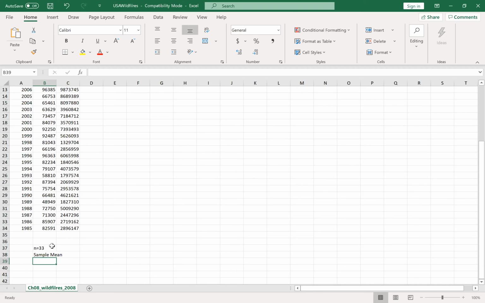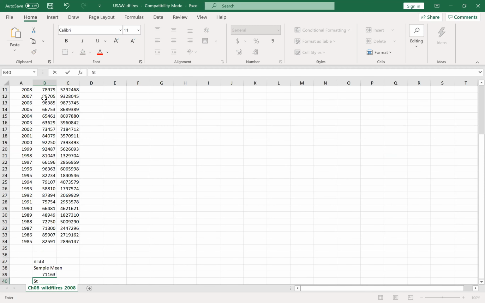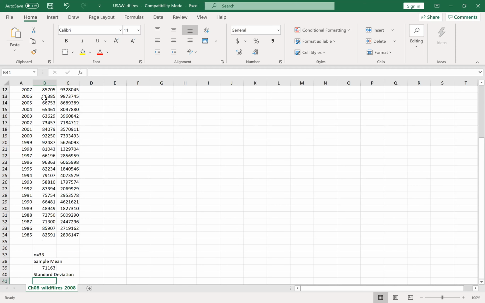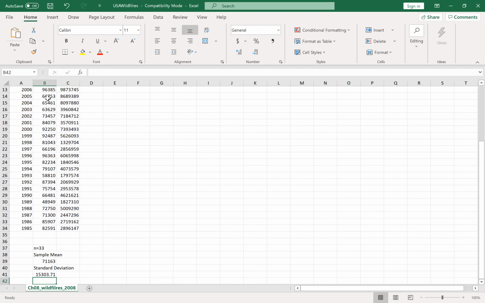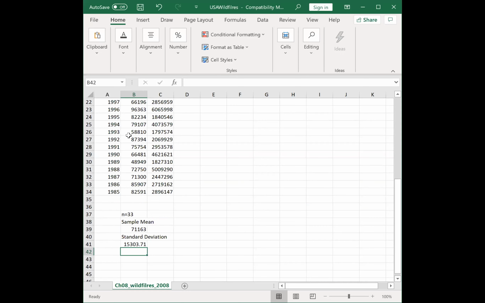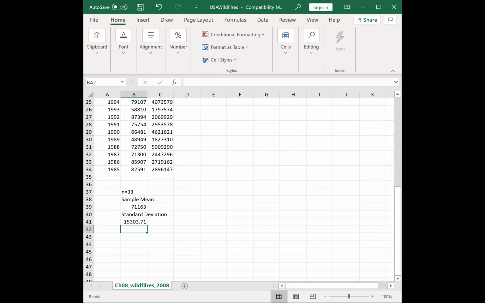The sample mean we can compute using the command average, and the standard deviation we can compute using equals stdev.s. So let me record this on our whiteboard over here.